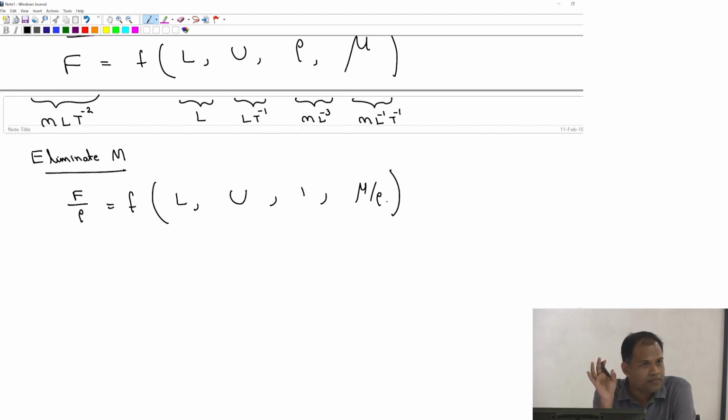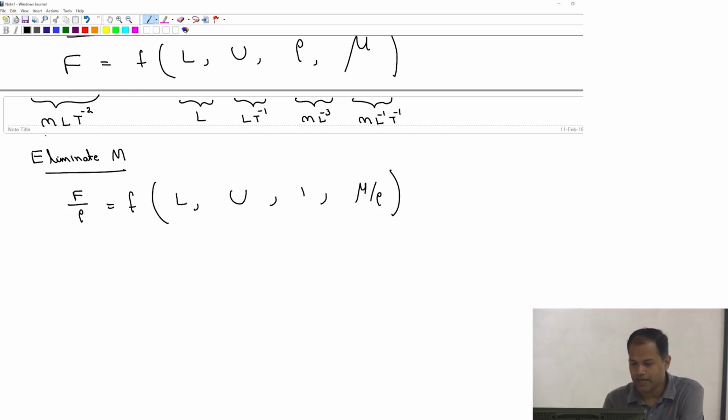Density is still there, but I have written it in such a way that instead of talking about force, I will talk about force per density. Instead of talking about viscosity, I will talk about viscosity per density. The problem still contains 5 variables, but it's now written in such a way that the combinations don't have mass in it. Is that clear?